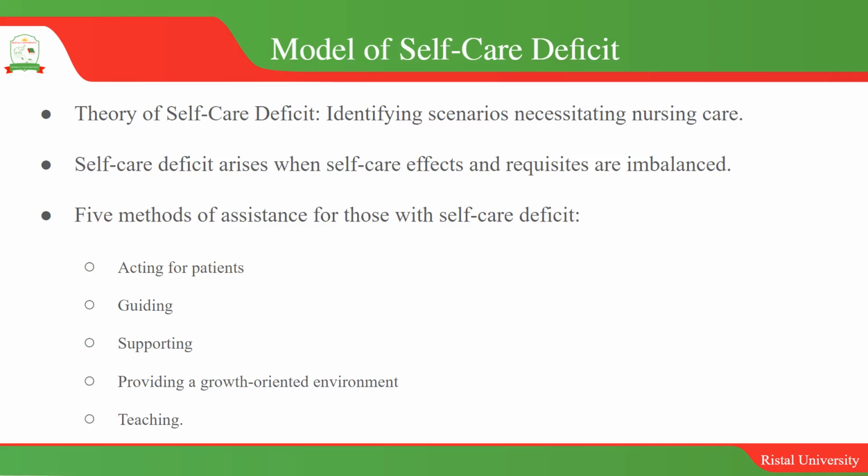It can involve guiding the patient on what to do. It can be supporting the patient, providing a growth-oriented environment, and also teaching. These actions differ in accordance with the level of the self-care deficit.